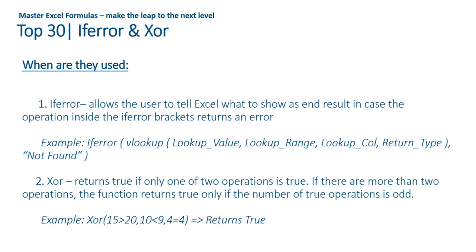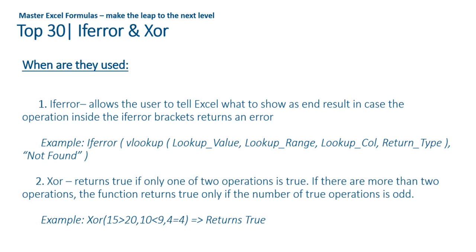The XOR, the other formula, is another logical function, and it returns true if there are only two operations and only one is true. If both of them are true, it will return false, and if there are more than two operations inside the brackets, the function returns true only if the number of true operations inside is odd.